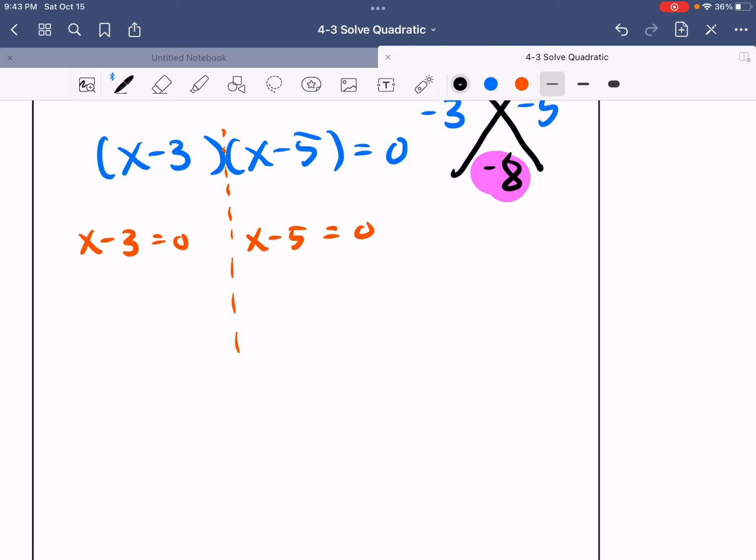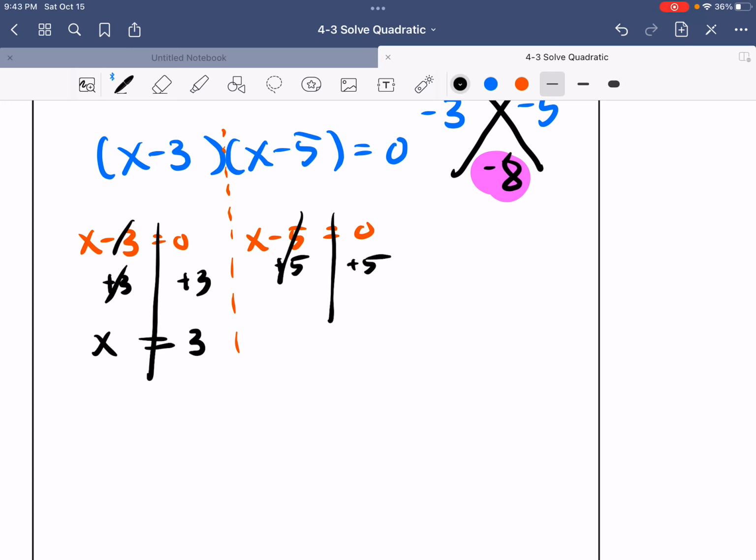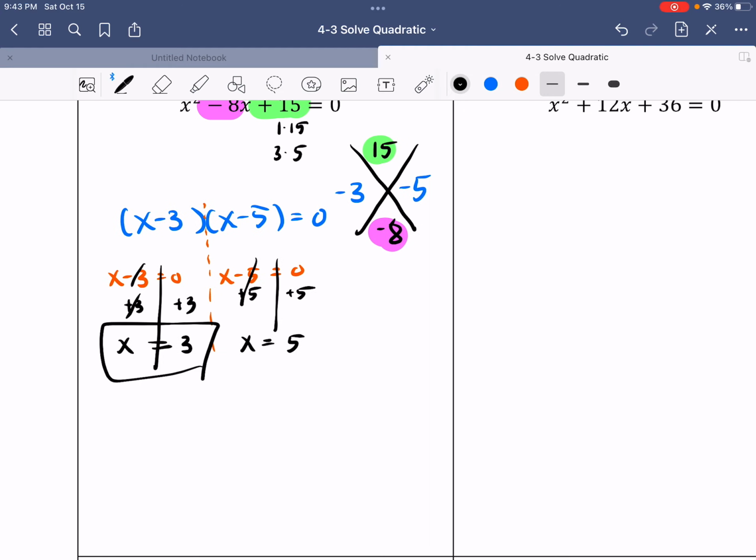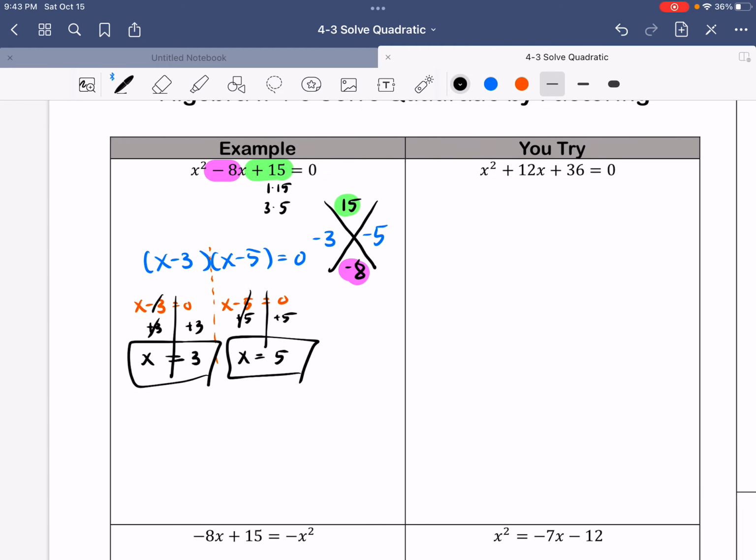How do we solve it? Plus 3 both sides, because this will cancel out. So on the left, you will get x equals 0 plus 3, which is 3. Same thing here. You're going to do plus 5 both sides. So you will get x equals 5. And that's it. Your answer is going to be x equals 3 and x equals 5.